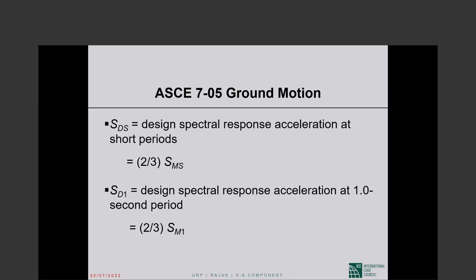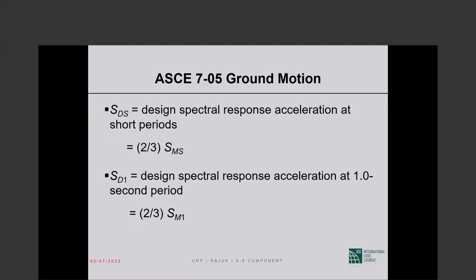So that's where 2/3 comes from. ASCE 7 does not really define a design earthquake except by saying that it is 2/3 of the maximum considered earthquake. The maximum considered earthquake is defined, and I will go there soon.